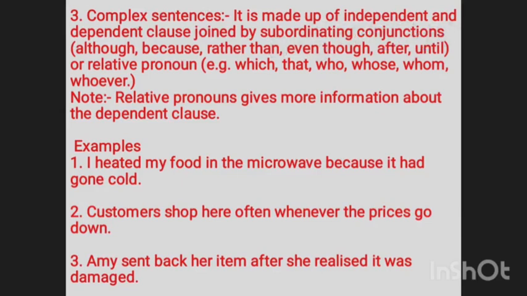But also, complex sentences can be made up of independent clauses and dependent clauses joined by what we call a relative pronoun. Sometimes they are joined by subordinating conjunctions, or they are joined by what? Relative pronouns. And relative pronouns tell us more about the main clause, the noun or the subject in the independent clause.